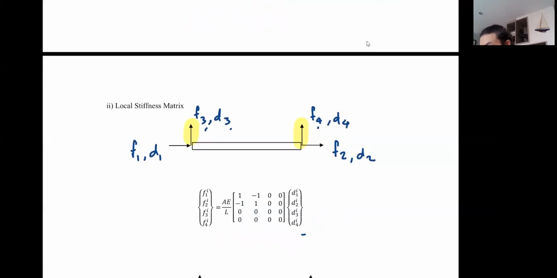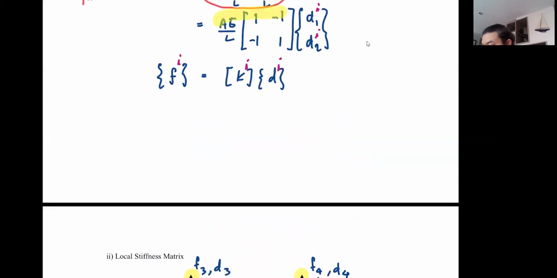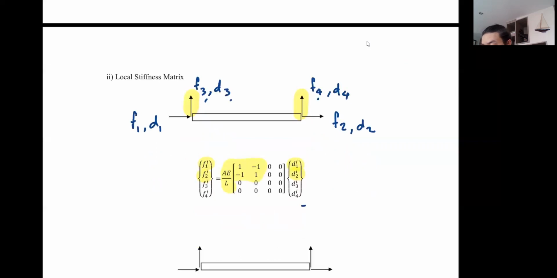So you see this portion, F1, F2, it comes from the development that we have previously, right? The yellow portions are the same, but these zeros are the ones that we now have to explain the relationship of the force and displacement.